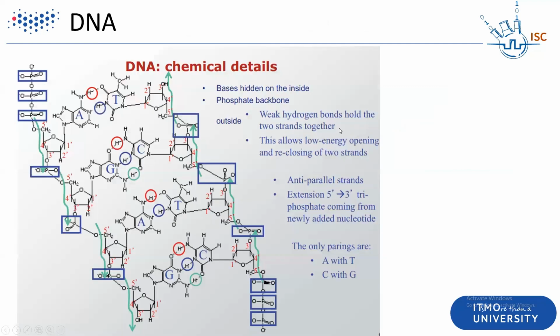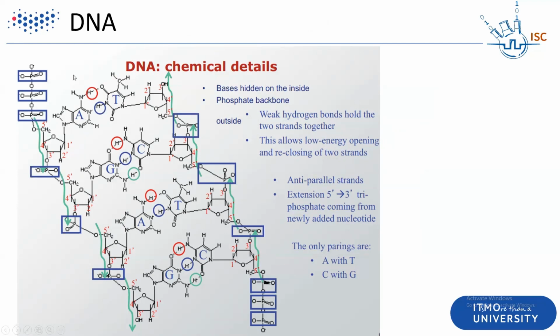So, what is the DNA, and what are the molecules which represent the DNA in more detail? As you can see here, we have different bases in the DNA, and they are complementary, bound to each other by hydrogen bonds.